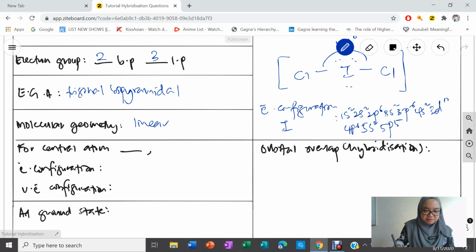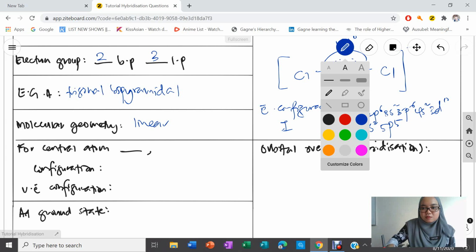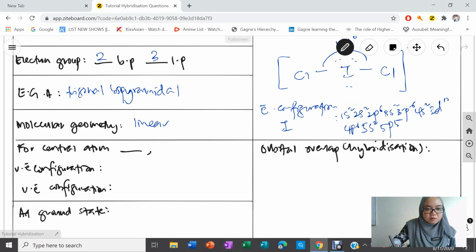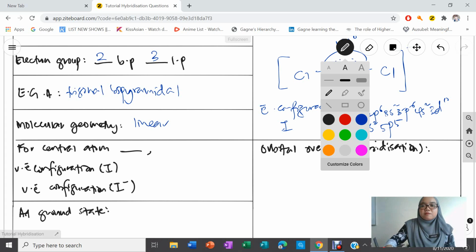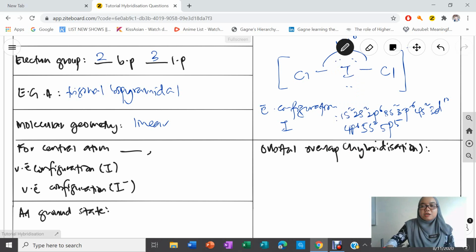Okay, sorry, I'm going to delete this. So here, we already know the electronic configuration for I. We want only 5s2 and 5p5 as the valence electronic configuration.